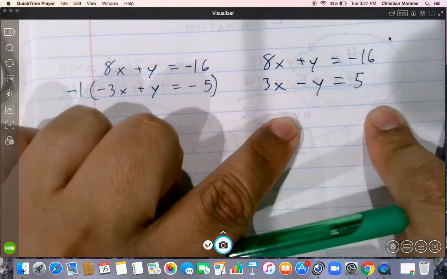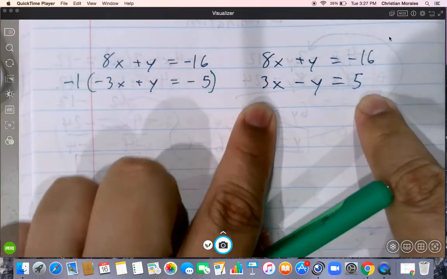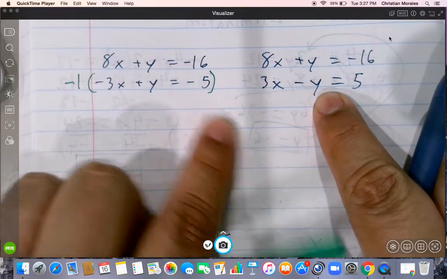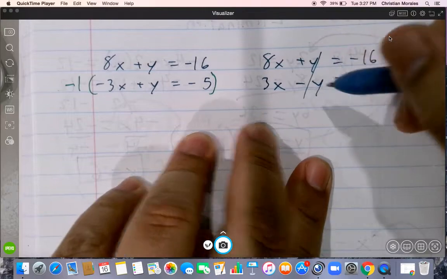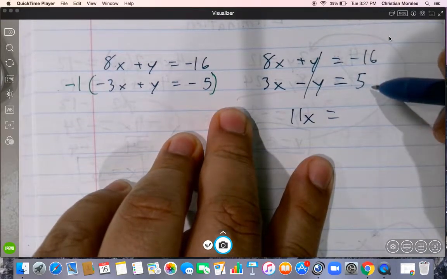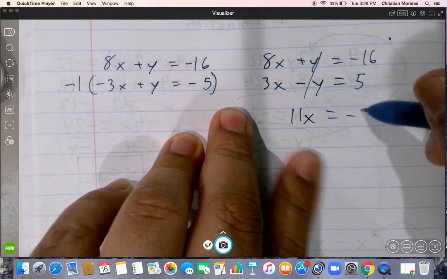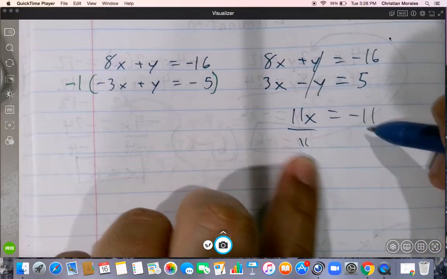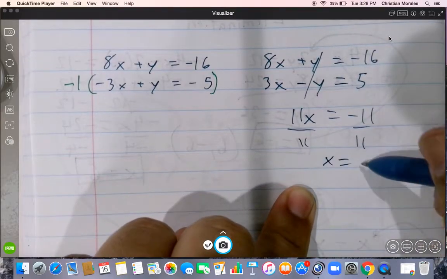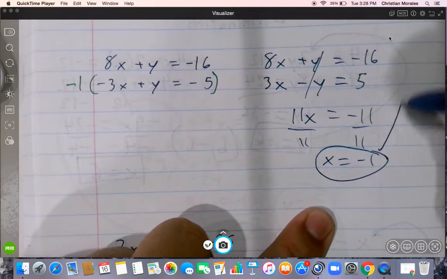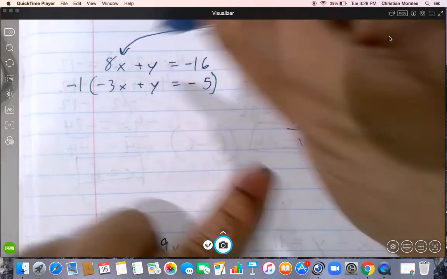So when you use elimination, you make it so that one of them cancels out by changing one of the equations. So here, y is gone. You get 11x, and you get negative 11. Divide by 11, you get x equals negative 1. Okay, you take that answer and plug it in to your original problem.